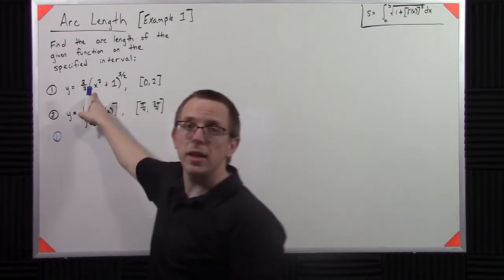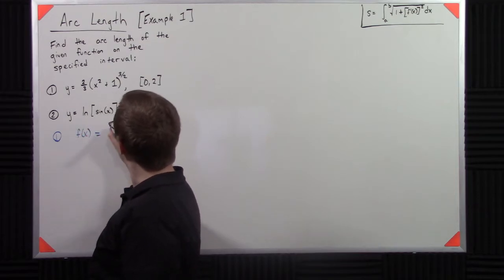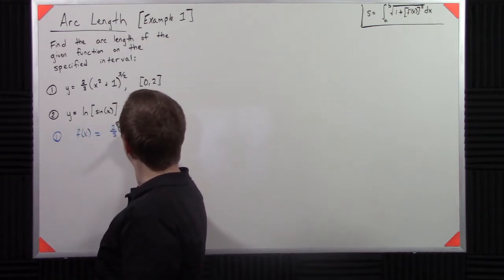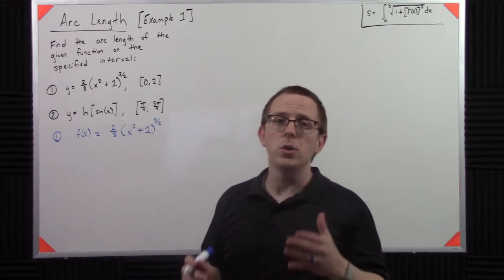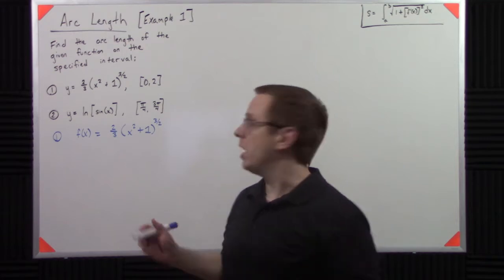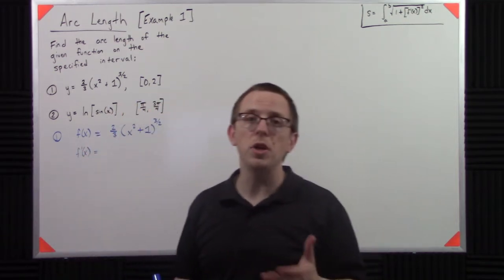First thing is we're going to say that this is f of x. So I'm going to say f of x is 2/3 times (x squared plus 1) to the 3/2. Now what I need to do is find f prime of x. In this case I'm going to use the chain rule.